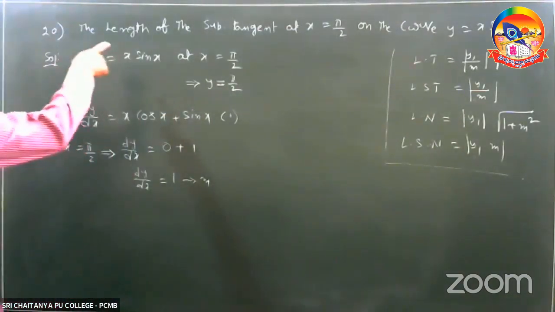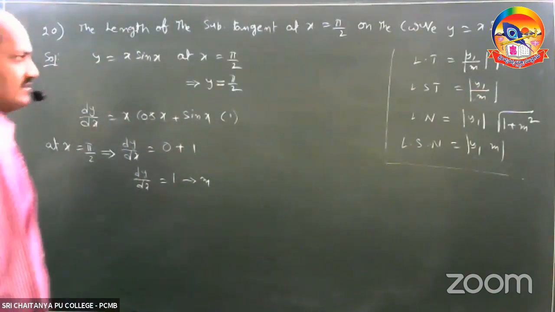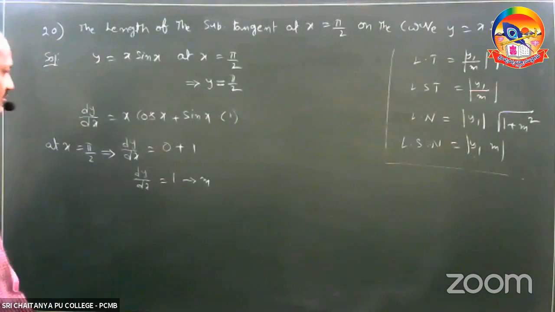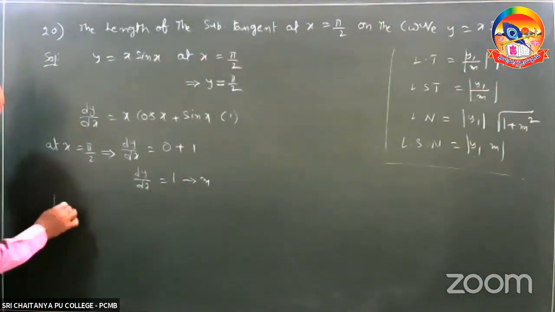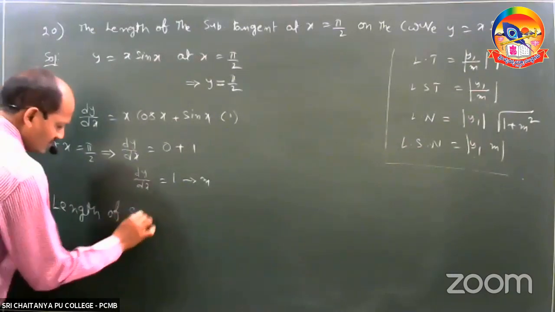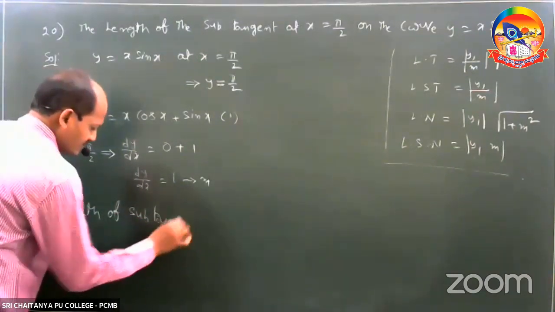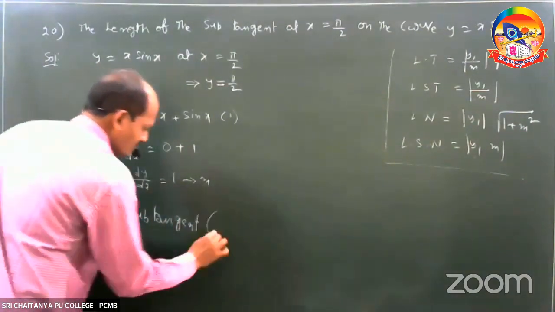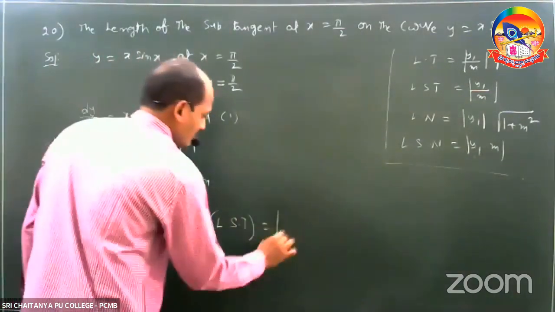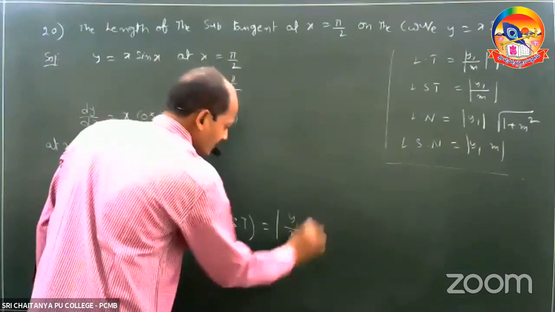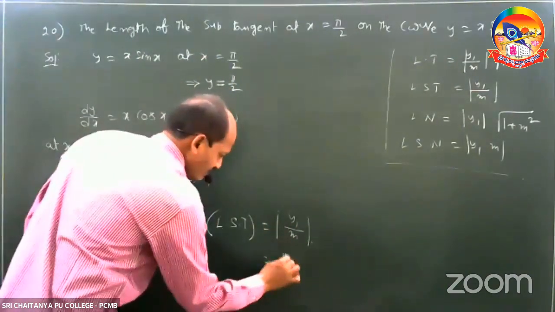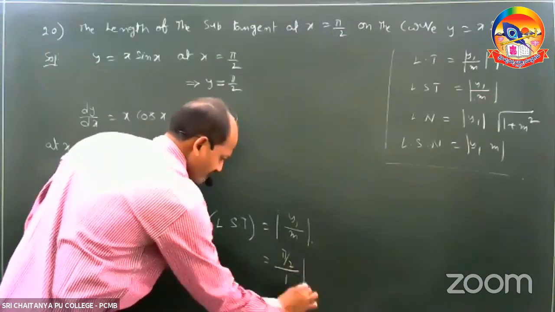Now find the length of subtangent. What about the length of subtangent? Modulus of y1 by m. So length of subtangent is equal to modulus of y1 by m. y1 means the y coordinate, that is pi by 2, divided by 1.